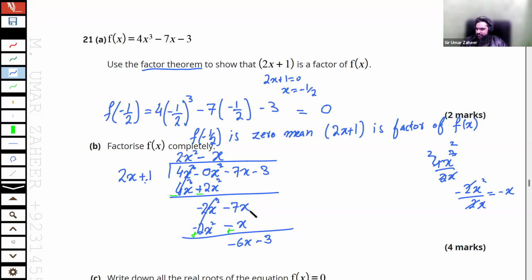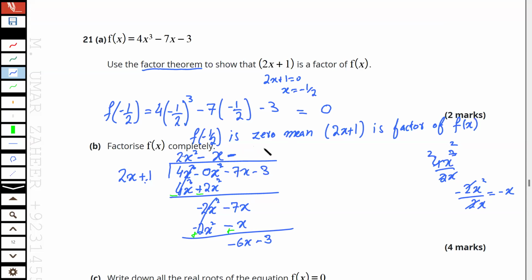Yes, Ishal, from which number do I have to multiply to get minus 6x? What do I have to write here? Yes, Mustafa? Yes, sir.